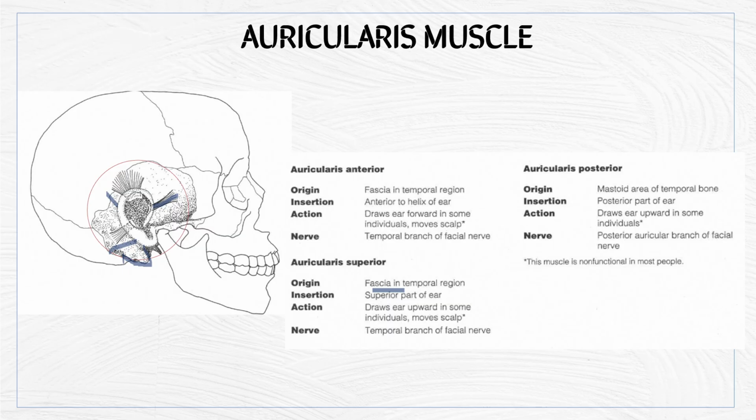Auricularis anterior and superior are supplied by the temporal branch of the facial nerve, because both muscles are attached to the temporal fascia, but auricularis posterior is situated posteriorly, so it is supplied by the posterior auricular branch of the facial nerve.